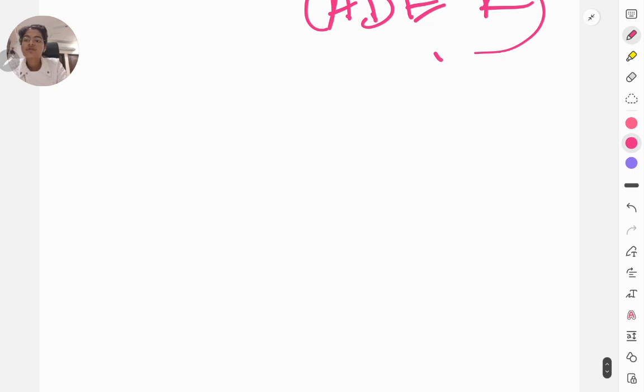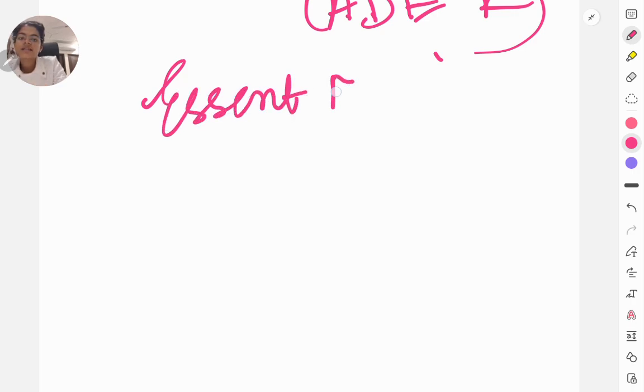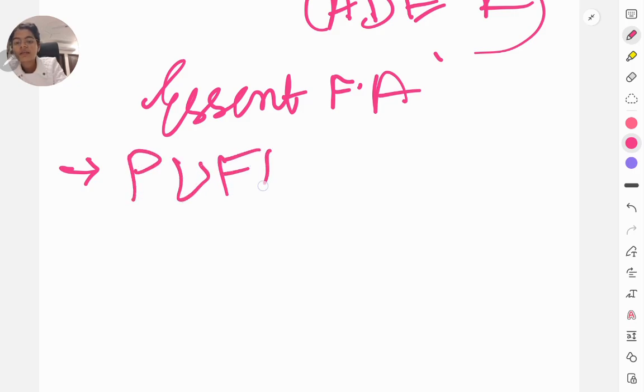Now there is essential fatty acid. Essential fatty acid cannot be synthesized by our body. We need to take it through diet, and it is actually unsaturated, we can say PUFA, polyunsaturated fatty acid. Clear?